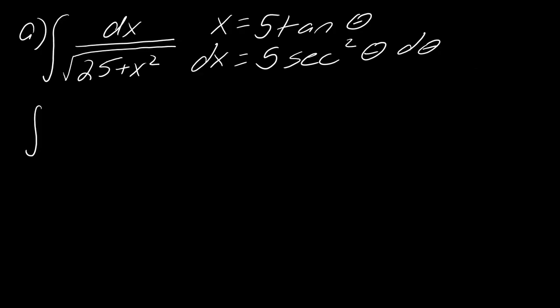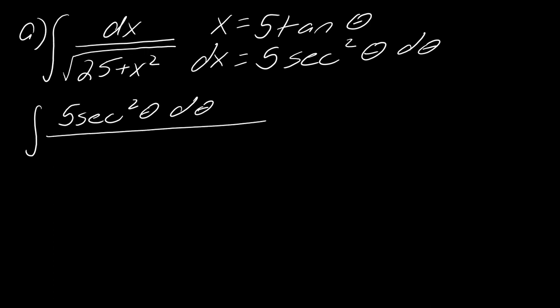So let's just explore this now. I'm going to make these substitutions. So my dx now is going to be 5 secant squared theta d theta. And then the denominator here, I have 25 plus 25 tangent squared theta, and I need to take the square root of all this. Okay, so now in the denominator here, I can factor out the 25.